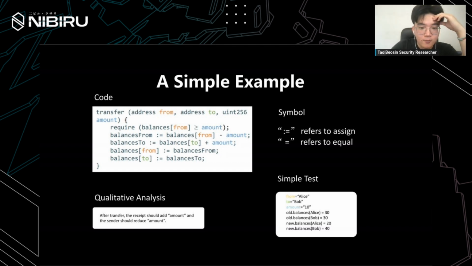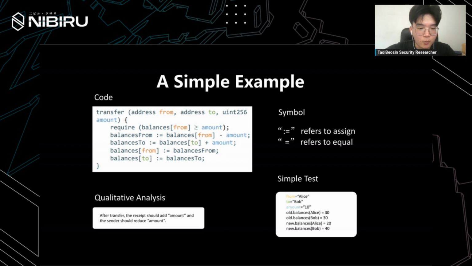If we want to transfer some crypto assets to another address or to yourself, first we need to check whether the balance of the sender is greater than or equal to the amount that the sender wants to send.